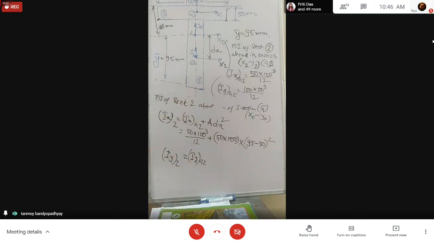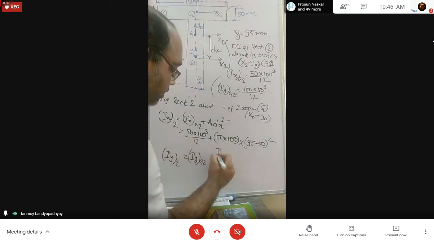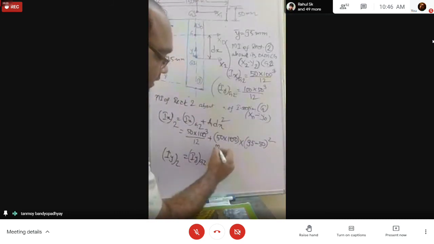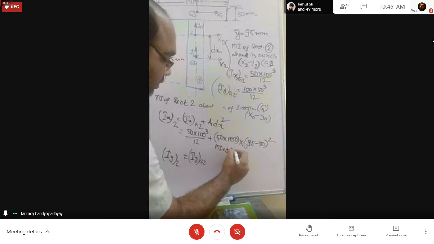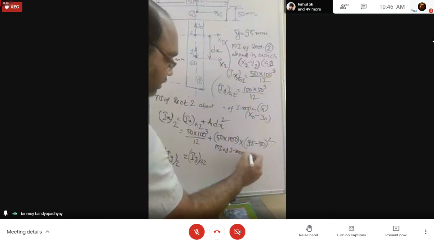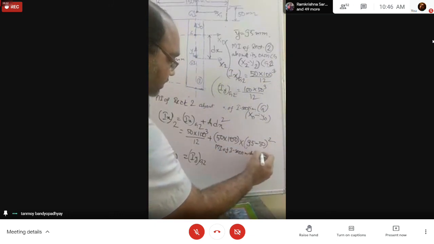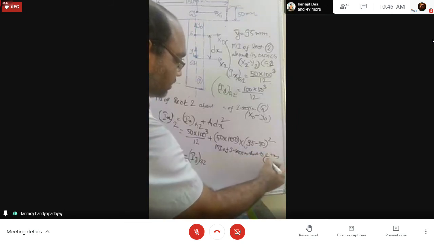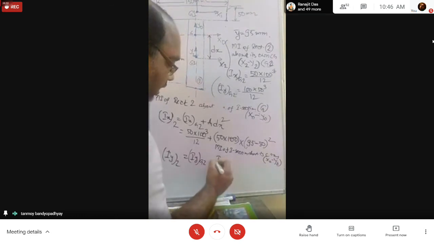So now we have got everything about the centroidal axis. So now we can add them. Ix0: just write down the MI of the entire I section about its own CG, about its centroidal axis, which is x0, y0. So what will be Ix0?